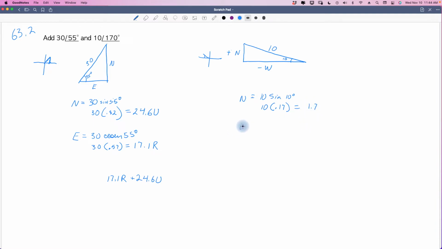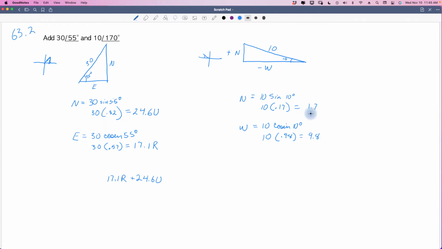All right, and we're going to do W here. So that's going to be 10 times the cosine of 10. And the cosine of 10 is 0.98. So 0.98, which is just going to be 9.8 because we are just moving the decimal point back one.